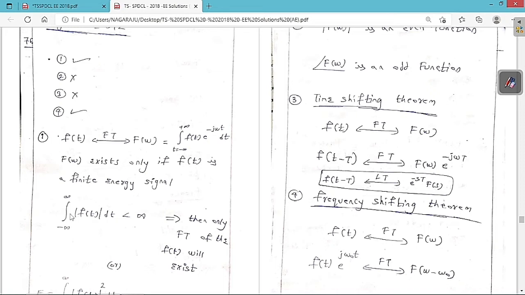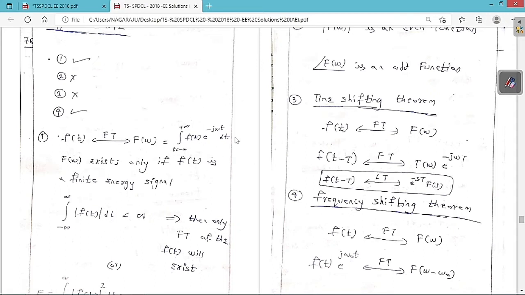I already told you, finite energy means the integration from minus infinity to plus infinity of the modulus of f(t) dt. The modulus of e^(−jωt) is nothing but 1, because e^(jθ) is equal to cos θ plus j sin θ, and its magnitude is equal to 1. So the integration from minus infinity to plus infinity of |f(t)| dt must be less than infinity.